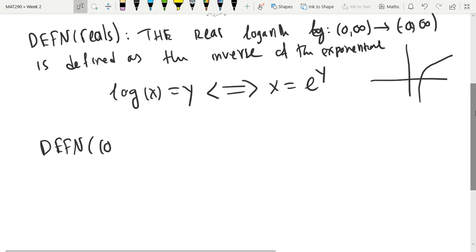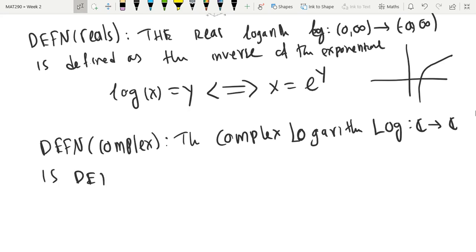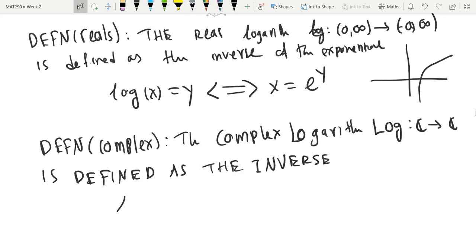For complex, the same definition works. So the complex logarithm, the log mapping from the complex to the complex, is defined as the inverse as well, of the complex exponential.